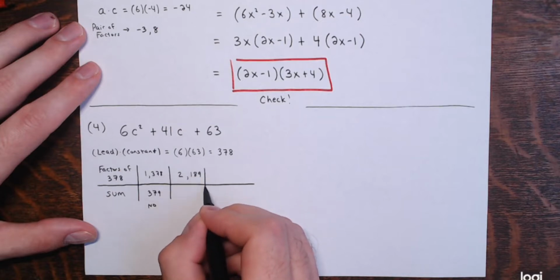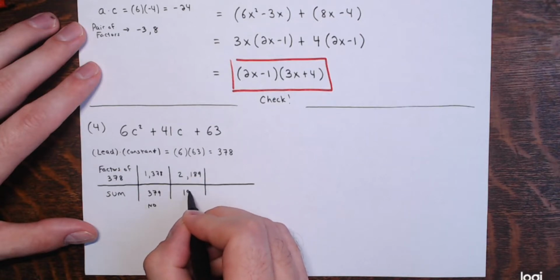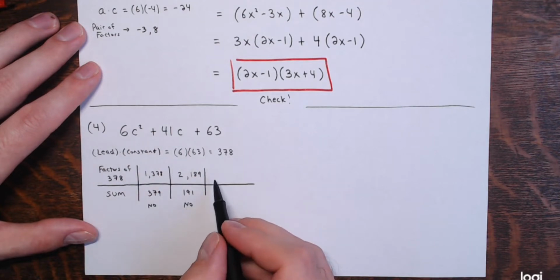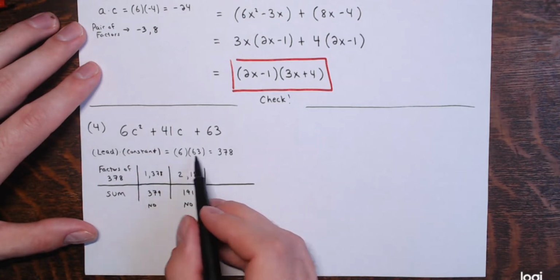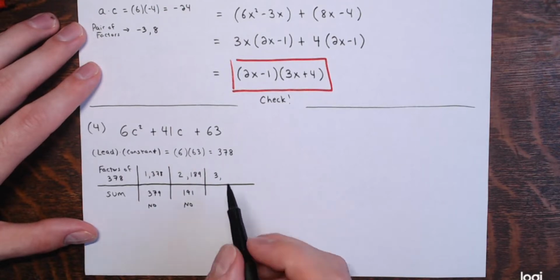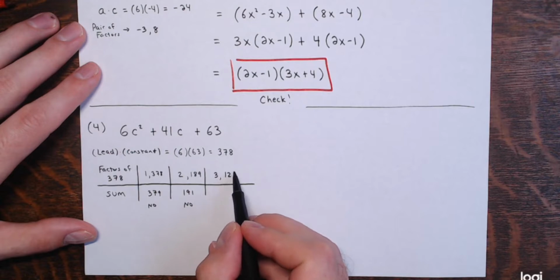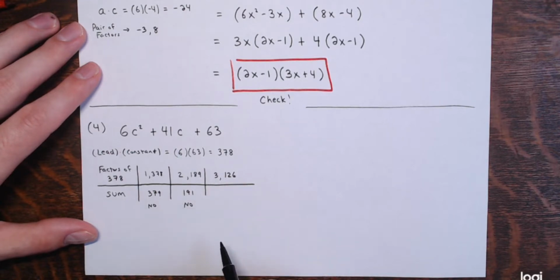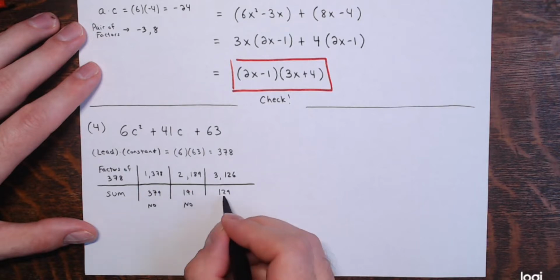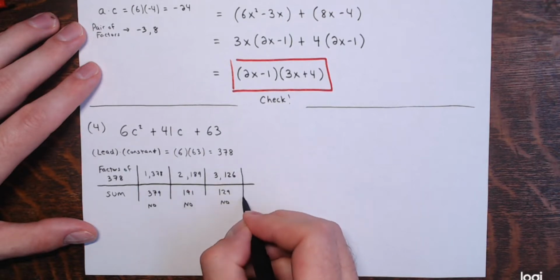And those add up to 191. So we're getting smaller, getting closer to 41, but that's not good. 3 goes into 6, and 6 is a factor of this, so 3 goes into this. That'd be 3 times 126. Those add up to 129, getting smaller, but still not there.